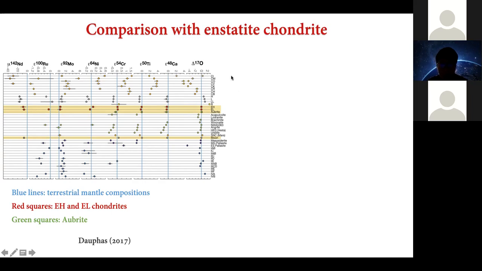So 0 means there is no difference between the chondrites and the BSE. And the enstatite chondrites have similar isotope composition to Earth. The best fitting shows that the building materials should be composed of 71% enstatite chondrite, 24% ordinary chondrite, and 5% carbonaceous chondrite.